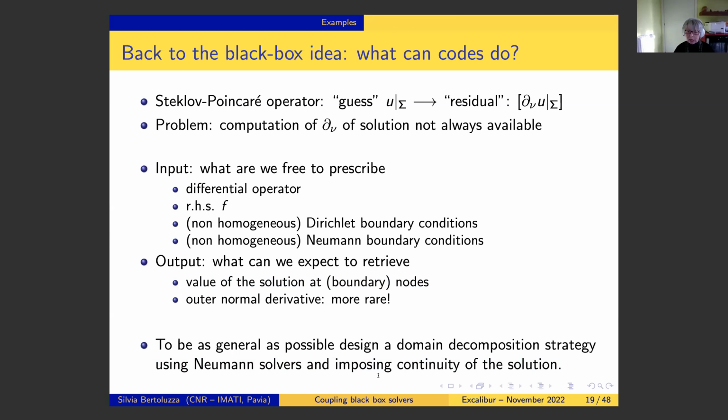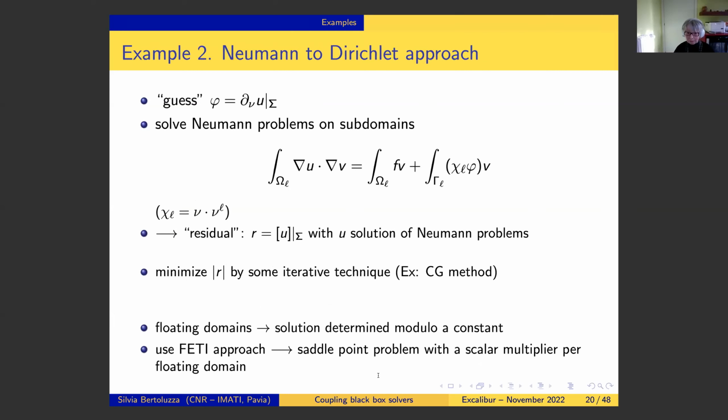This implies that we are really in the framework where the local solvers are not necessarily well defined, but might have a non-zero kernel. So we might have floating subdomains, and the solution is only determined modulo constants. Then we can use the FETI approach that I talked about before in the abstract framework, and this gives me a saddle point problem with one scalar multiplier for each subdomain.